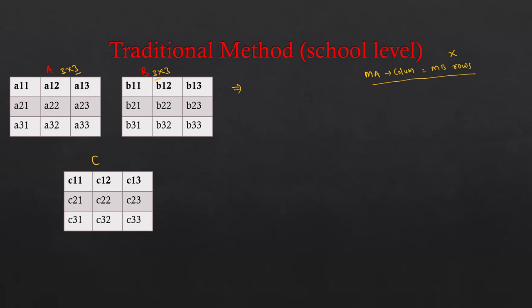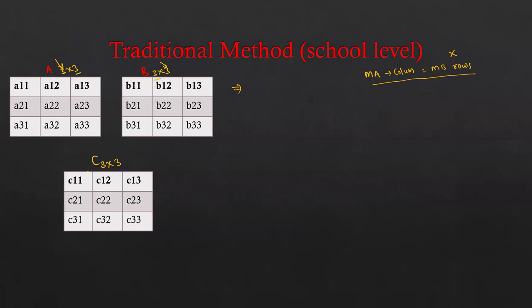So let us go for this 3 by 3. The C dimension is equal to the number of rows of the first matrix, 3, by the number of columns of the second matrix, 3. So the resultant matrix is also 3 by 3. That you should remember.